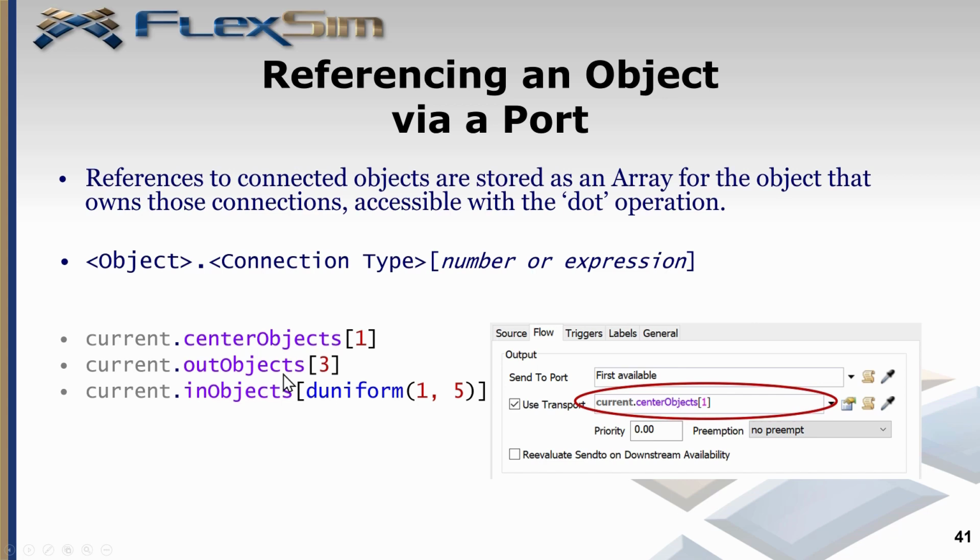This would be a downstream object, and an upstream object that's connected to this current object's input ports would look like this. And this is just showing you here that instead of a specific port number, you can use an expression that returns a number. This is using the discrete uniform distribution that would return an integer between 1 and 5, a discrete number.